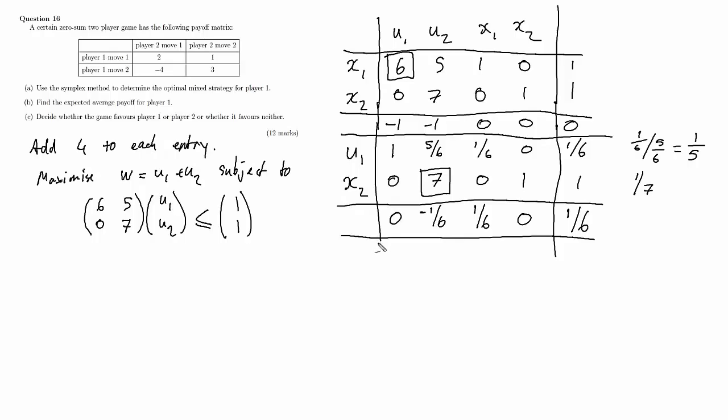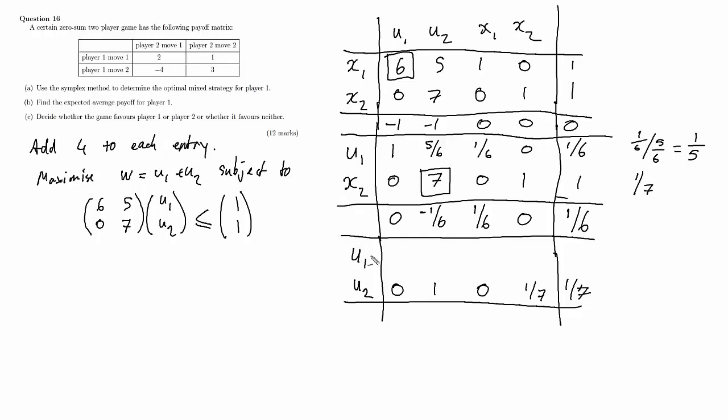Now we want to turn that 7 into a 1. So our entering basic variable is U2, and we divide this row by 7 to get our new values. 0 divided by 7 is 0, 7 divided by 7 is 1, 0, 1 divided by 7, and 1 divided by 7.